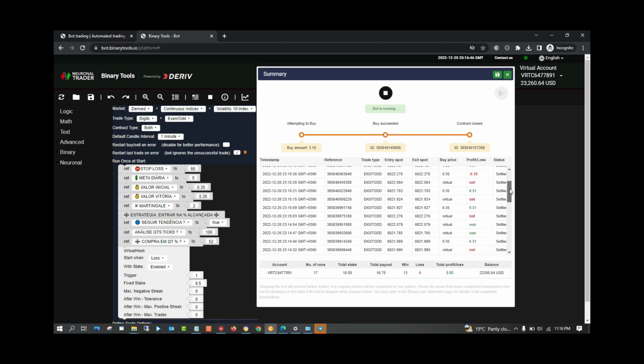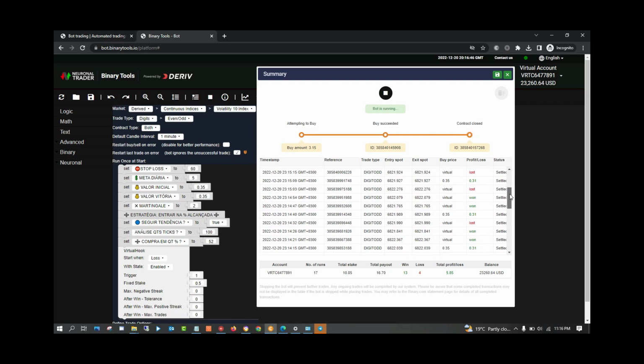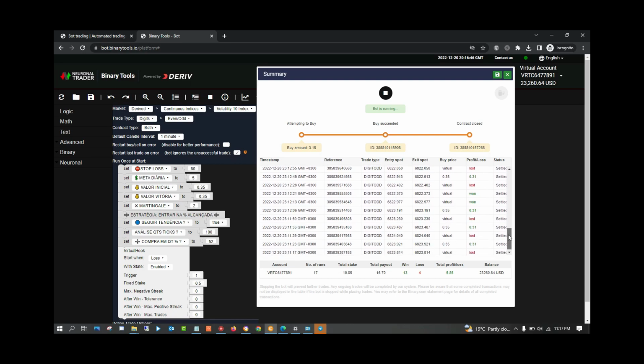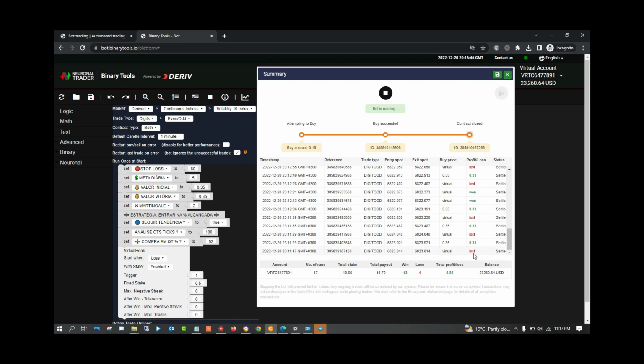So if you do it on a real account, what you'll see is this. Now this will be virtual, and this one will be real with a different reference number. There will be differences in reference numbers between the real trades and the virtual trades.